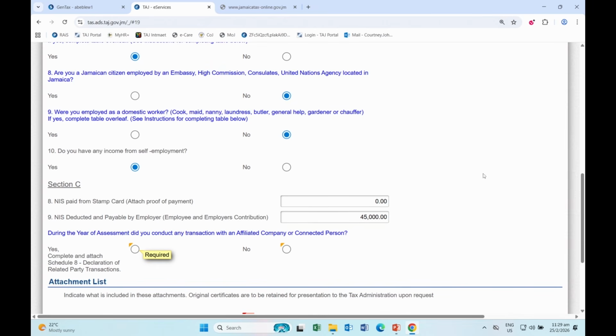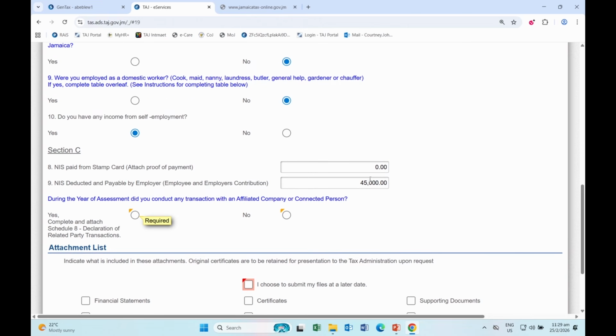Why is it important? If you enter just one contribution, 22,500, when you get to the final page, you'll realize that there's a shortfall in the NIS that was taken at source. So it would appear as though he's required to make a payment again. We don't want that to happen. So you have to double the amount when you get to this box right here.